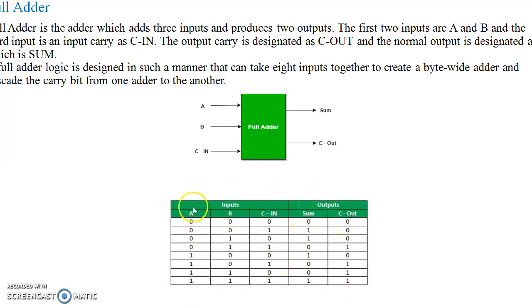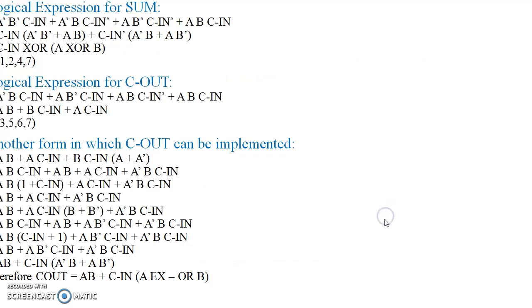Then according to this truth table we are implementing the logic gates. For implementing logic gates, first we will learn about logical expression. So first we are finding out the logical expression for sum and carry out.